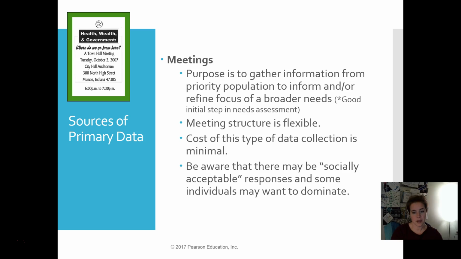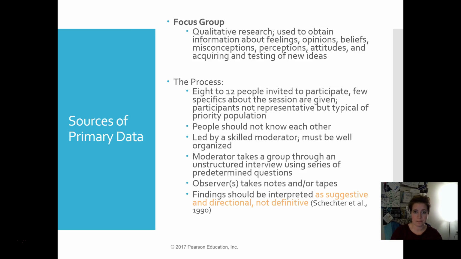So it's important to think about how cleaned up the answers might be versus the soft and vulnerable underbelly of what's really happening. So again, these are all wonderful tools, but it's also important to understand some of the limitations of any of the methodology.